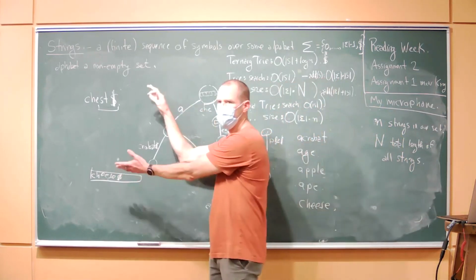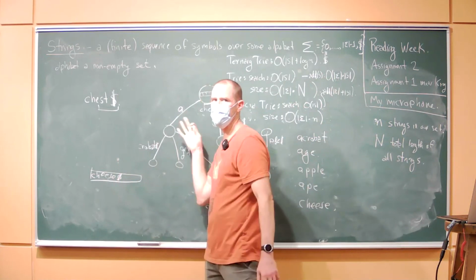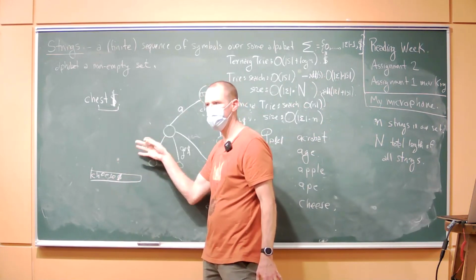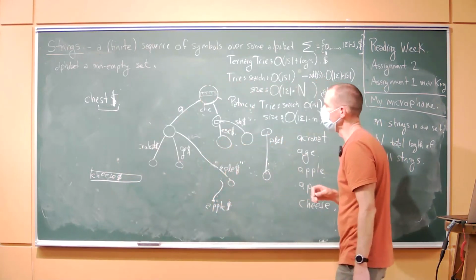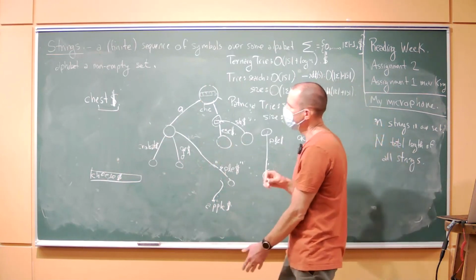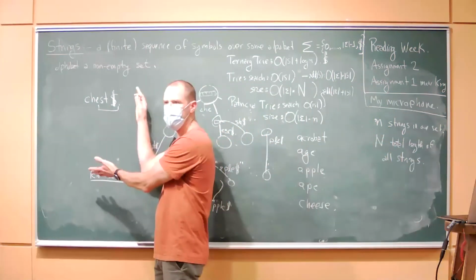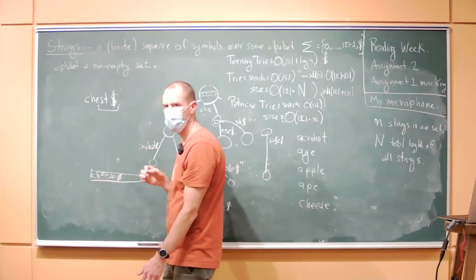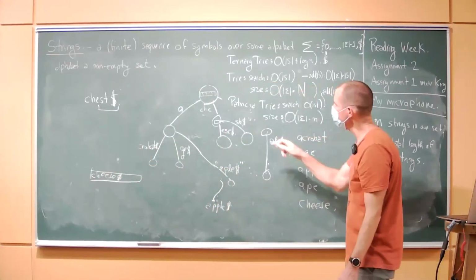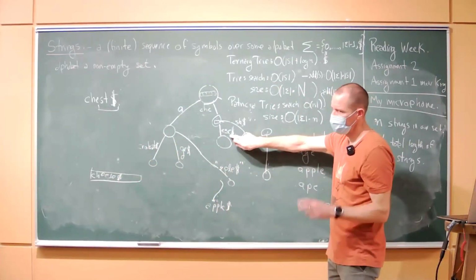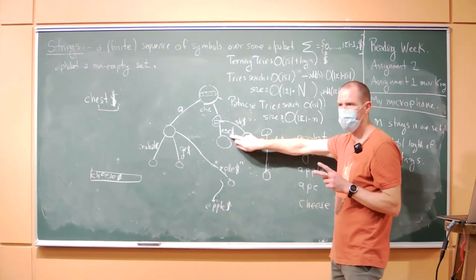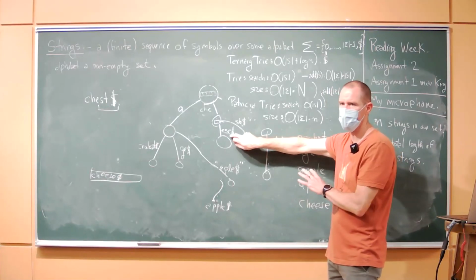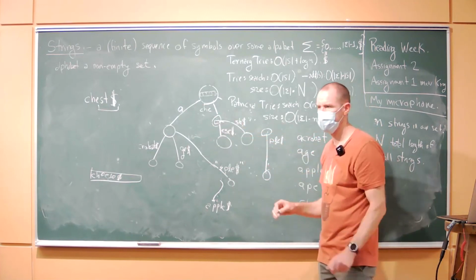There's a place where all the strings are stored, and the labels on the edges are just pointing into those strings. So you can think separately about the size of the tree and the size of the stuff that's storing the labels off to the side. Because for P strings, the label is just two things. It's a pointer and a length. So you can think of the label as constant size, except it's stored somewhere else.